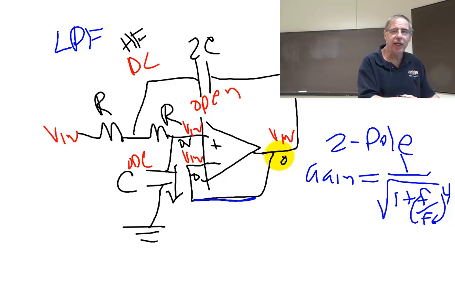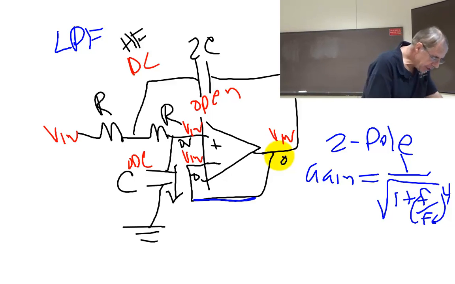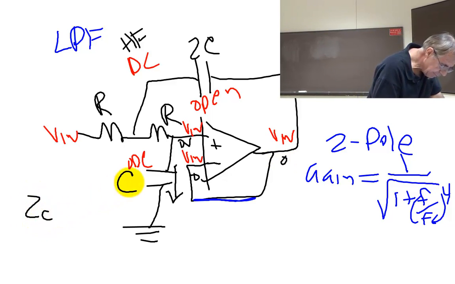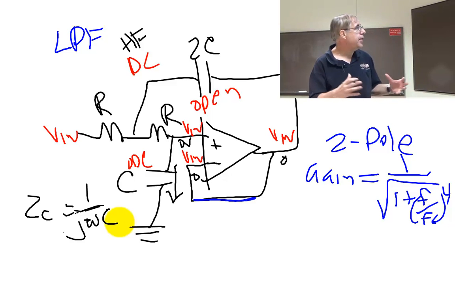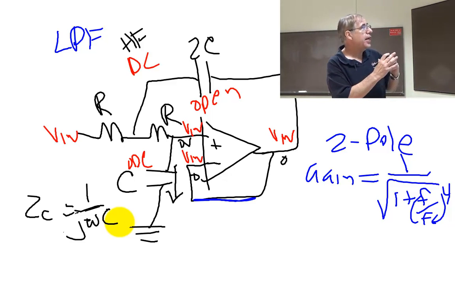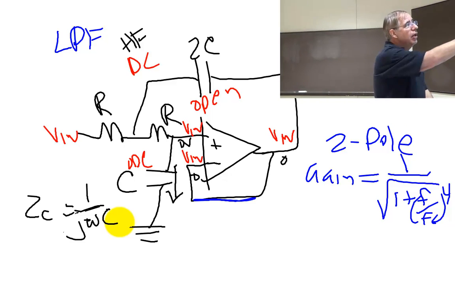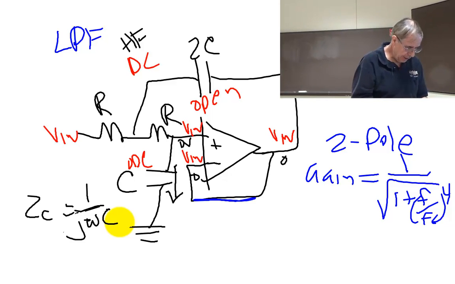But in between, all we need to know is the impedance of this capacitor. The impedance of a capacitor is 1 over J omega C. And so in order to study this circuit, all I need to know is this equation and a bunch of algebra, and I get the following design rule.